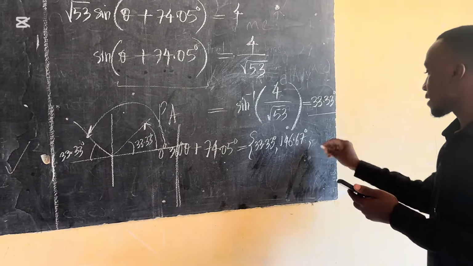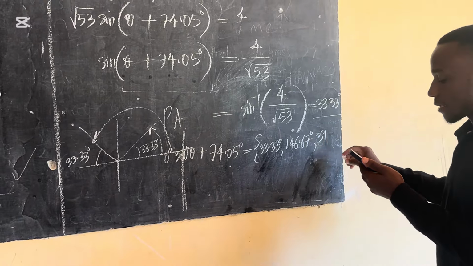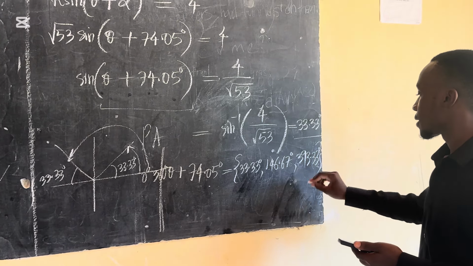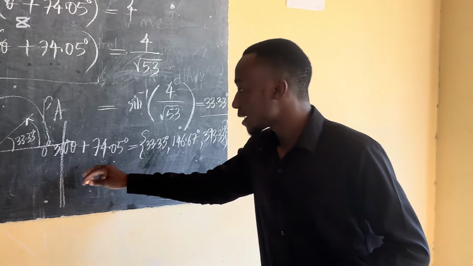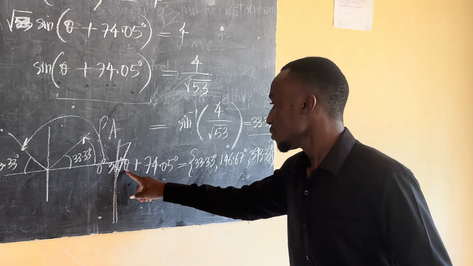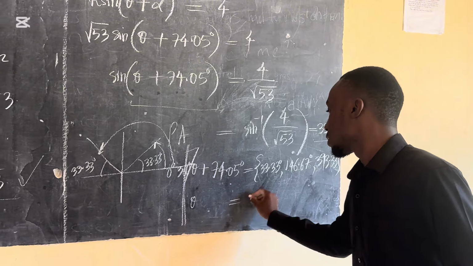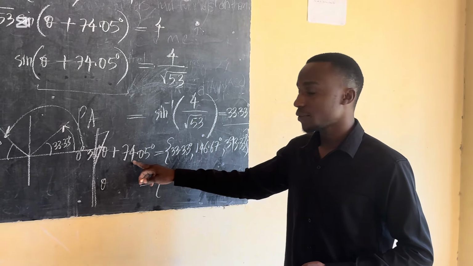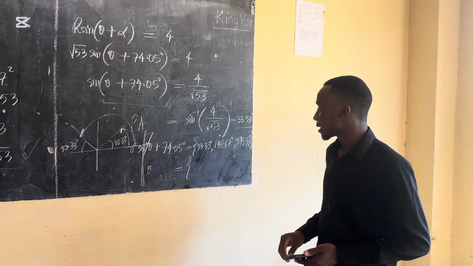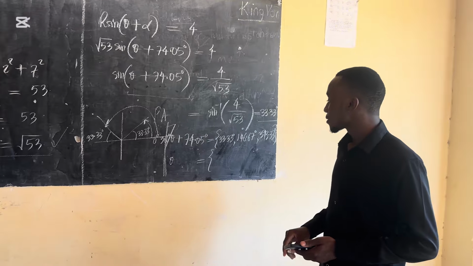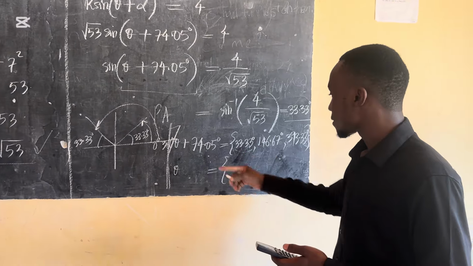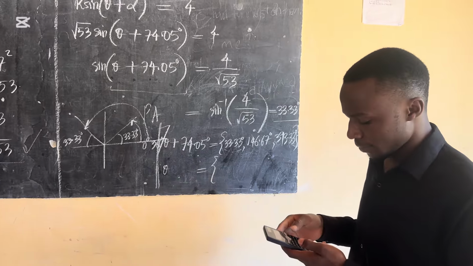We get it as 393.33. Because we are aware that at the end of the day, to get our theta, we should subtract the 74.05 on both sides.